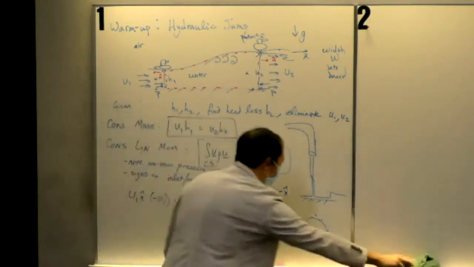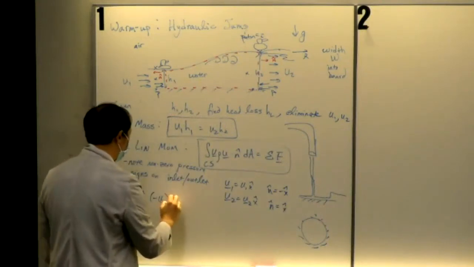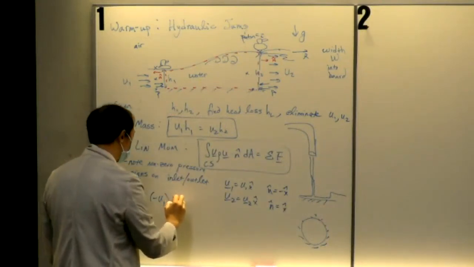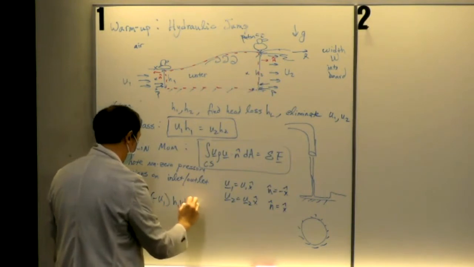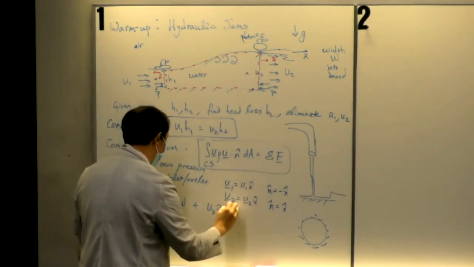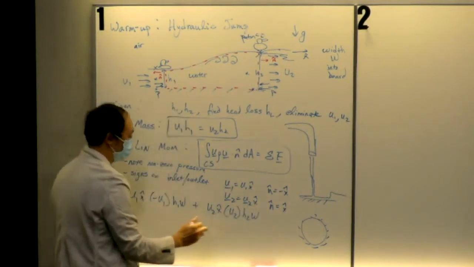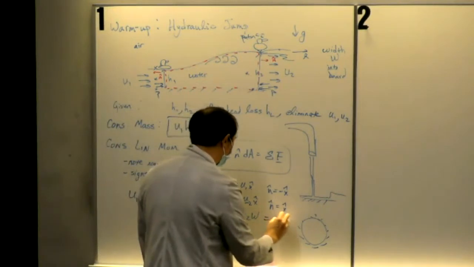I've got the areas. Here the areas would be H1 times, I called it W, plus U2 x hat positive U2, H2W. Remember, they have different heights, H1 and H2, and that's equal to the sum of the forces.